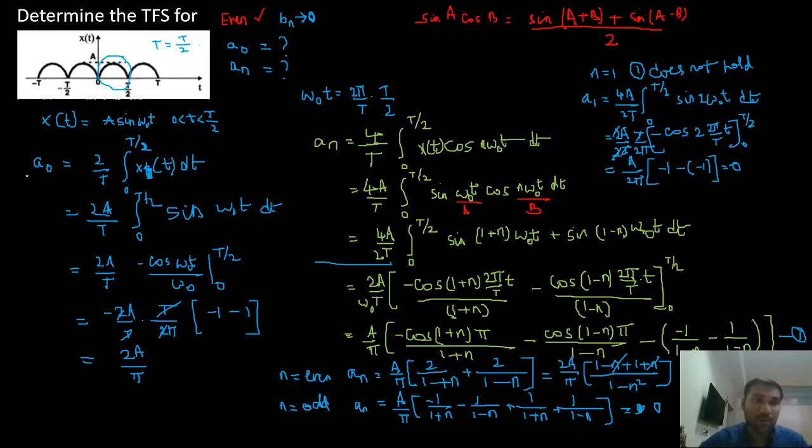So now I found out a naught. So what is my a naught? A naught is equal to 2a by pi, right?